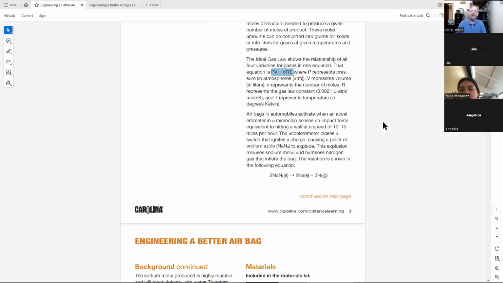Now, in an automobile, when you're in an accident, it senses at a certain speed. If it happens, a pellet of sodium azide, NaN3, explodes. Explosion is a way of saying gives off gas very quickly and sometimes very violently.